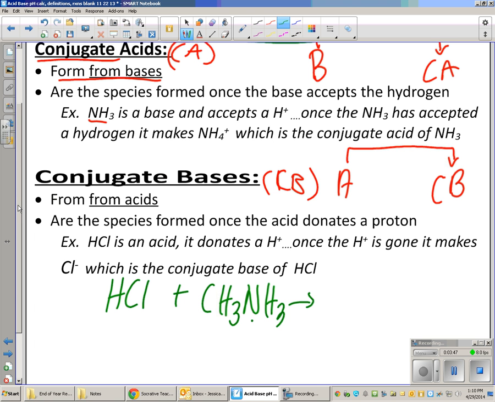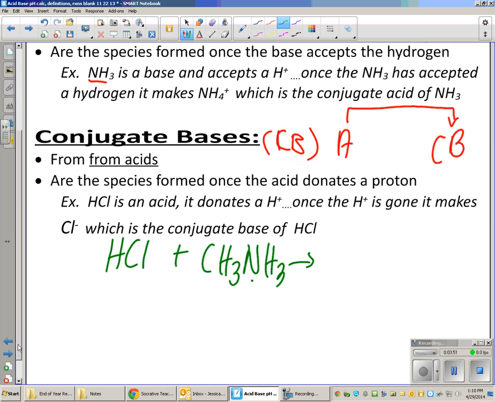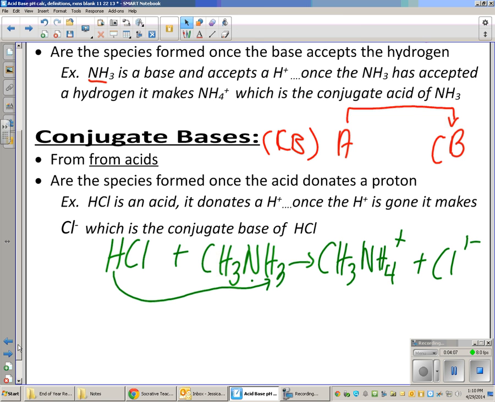Who donates? The acid, right? So it's going to donate this H, and it's going to put it on the back side right here. This NH3 is. So it's now going to be CH3NH4 plus. What's left over here? Just a Cl with a minus charge, right? All right. So who was the acid here? Hydrochloric acid was the acid.